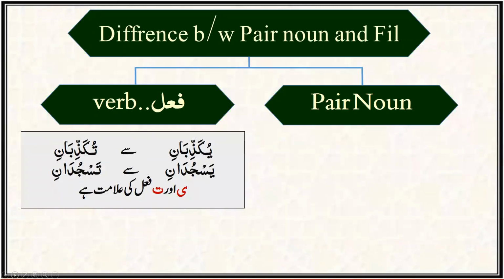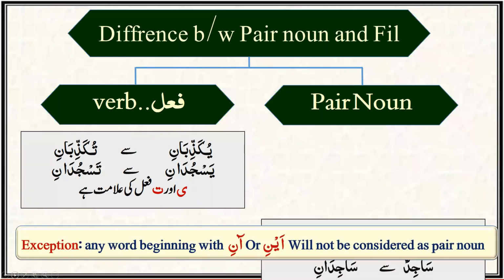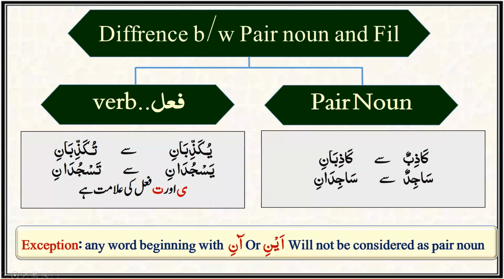Now let's see the exception. We know the pair nouns have ane and aine sounds, but sometimes if a word begins with ya or ta, the words which begin with these two alphabets would not be considered as pair nouns.